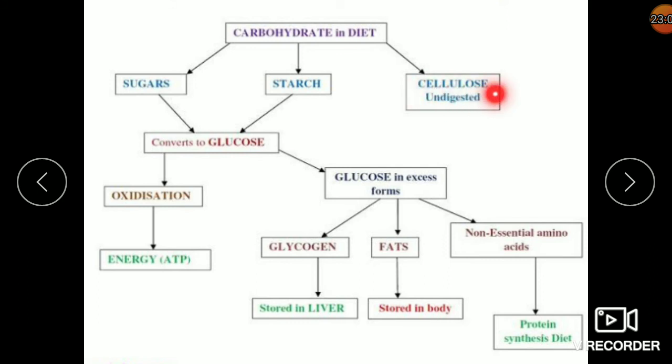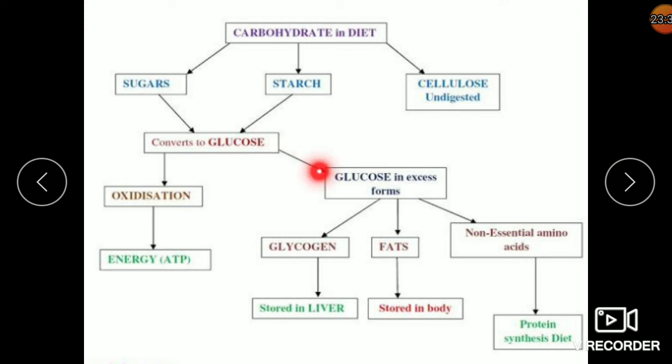Cellulose is present in the plant, we cannot digest it, it is undigested. Okay, but we can digest sugar and starch easily. On digestion it converts into glucose. The glucose on oxidation is stored as energy, in the form of ATP. It gets stored in the body. Whenever you need it, it is converted to ATP, and you can experience the energy.